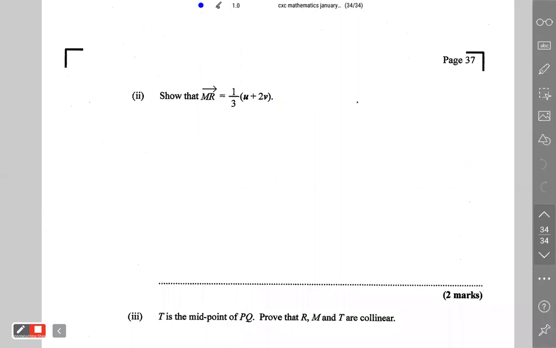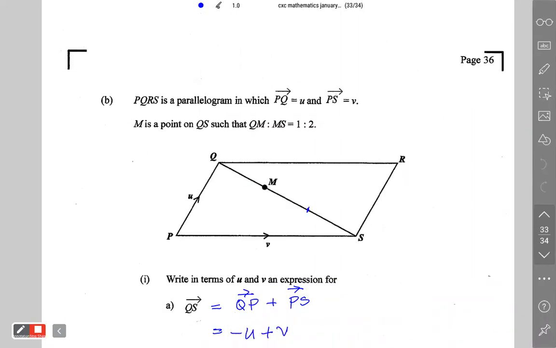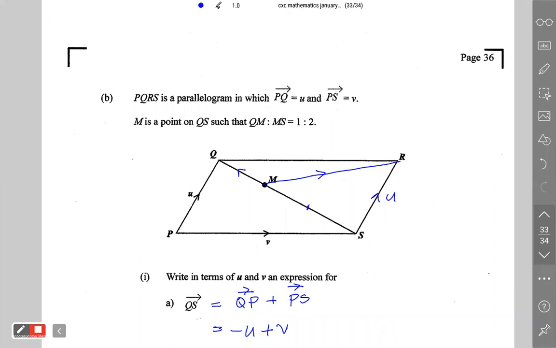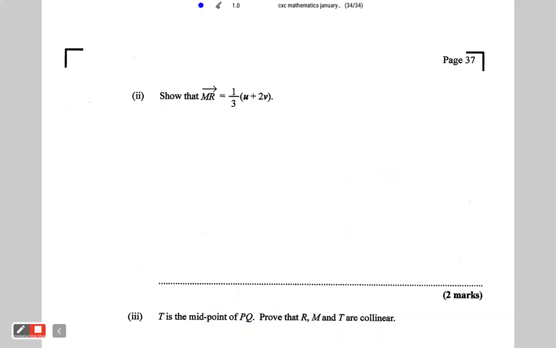MR, so let's go for MR. MR would be equal to MQ plus QR, or you could say MR is equal to MS plus SR. If over here is U, over here so is also U. I think I'll go that route. So I'm going to tell the examiner that the vector MR is equal to MS plus SR, and this is the triangle law of vectors.